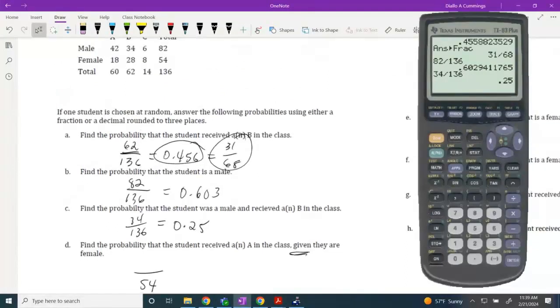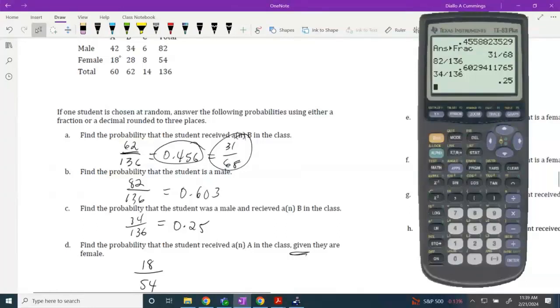All right, so we're no longer using 136, right? Because for this probability, we're asked if they received an A given that they were female. So our denominator is restricted to only females. And out of those only females, how many received an A? 18, right?